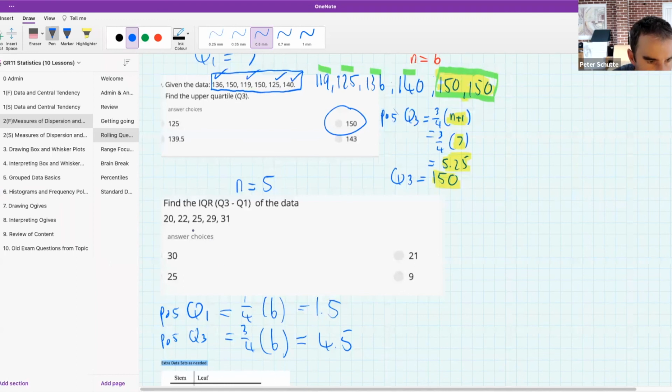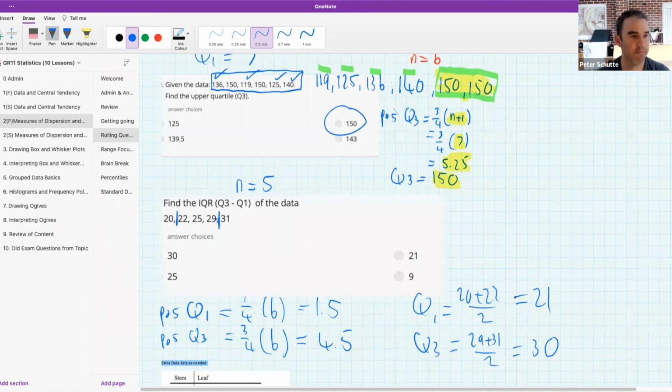So position Q1 and Q3. 1.5 is between the first and second position. It's over here. So I go 20 plus 22 divided by 2 is 21. And then the position of Q3 is 4.5. So it's between here and here. So that's going to be, make sure I'm not going too fast, 30.